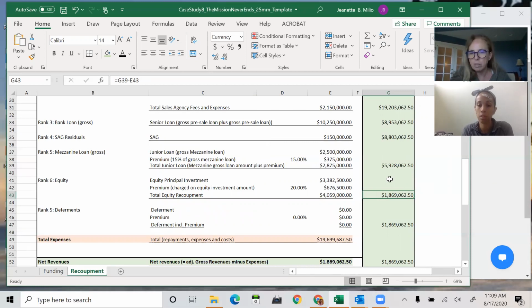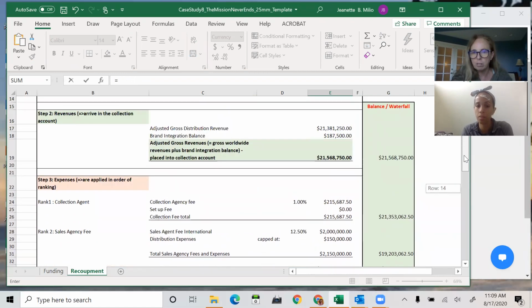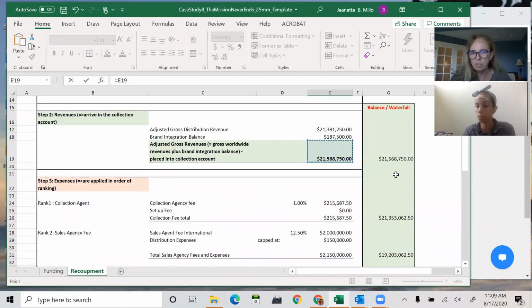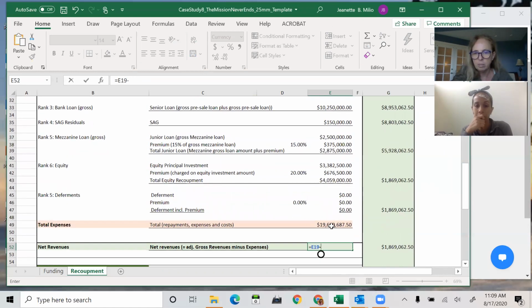And if these numbers are not the same, there's a mistake. So all you do is take all your revenues, which are here, $21,568,750, and deduct all your expenses, which we summed up here are 19 million. We click enter, and it's the same number.